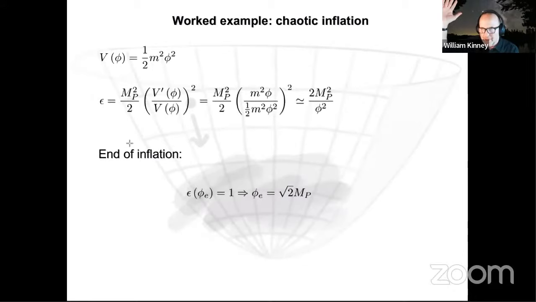The interesting thing is that even when the field value has a Transplanckian excursion from the minimum, the energy density of the field need not be Transplanckian, so you can still ignore quantum gravity and do the calculation self-consistently. What matters is not whether the field is Transplanckian, but whether the energy density is Transplanckian. Okay.